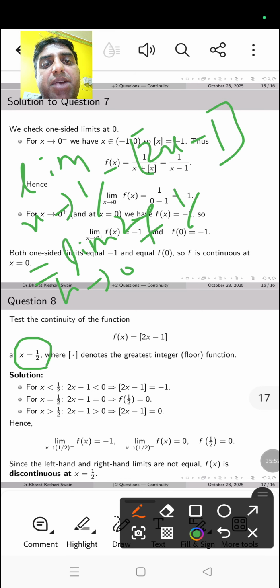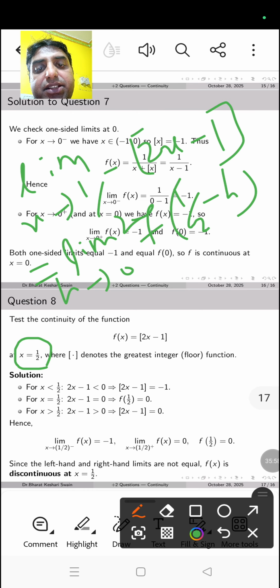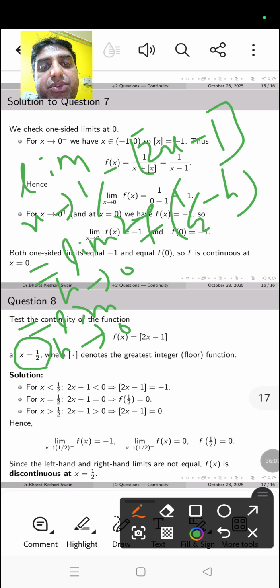f of half minus h, because our formula is f of a minus h, so half minus h, that's why it is limit h tends to 0. So f of half minus h means just put half minus h in place of x, so the greatest integer of 2 into half minus h minus 1.